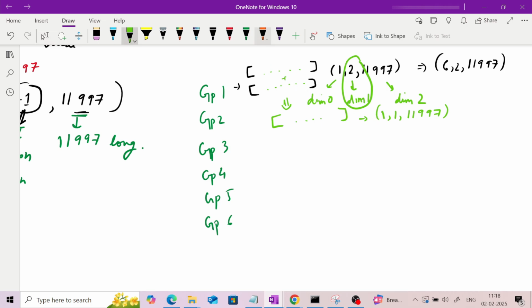Okay. So we are doing the same operation on this holistic array, which is basically the six groups. The six groups have the dimension of 6 by 2 by 11997, and we are asking it to sum by axis equal to 1.